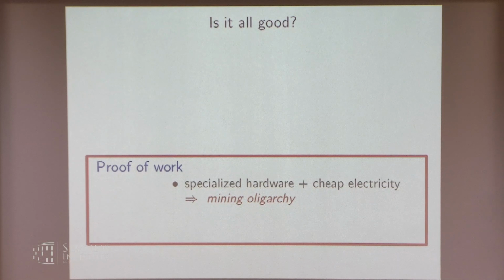Now if you mine with your computer, you would pay more in electricity than you would expect to gain in Bitcoin. You need very big investments to buy this specialized hardware to mine efficiently, and you also need cheap electricity to compete against miners in other parts of the world where it's cheaper. This led to a mining oligarchy, which contradicts the ideal that it should be very decentralized.